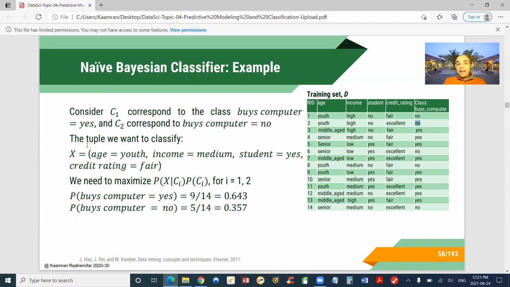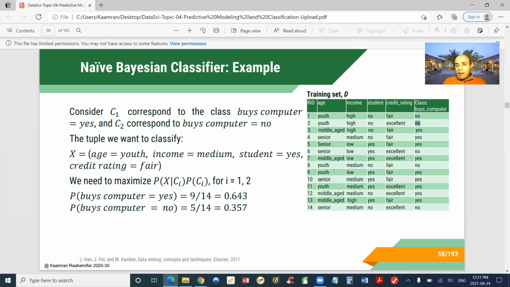And the tuple, the X event, is: age is youth, income is medium, student is yes, credit rating is fair. Youth, medium, yes, and fair. If you examine this tuple, you can see that it doesn't exist in my data set. Therefore, I have an obligation to classify it.